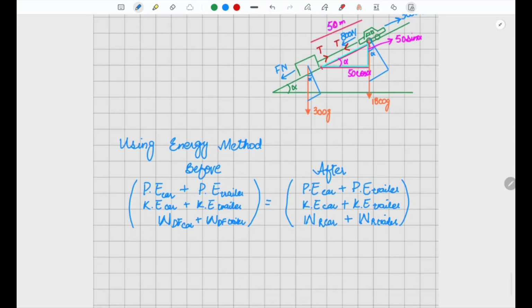So let's substitute in the values. The potential energy for the car before: there are two ways of doing it. You can take this height to be h1, and this height to be h2, and obviously the potential energy of the car before would be h1, and then it would be h1 plus 50 sine alpha.